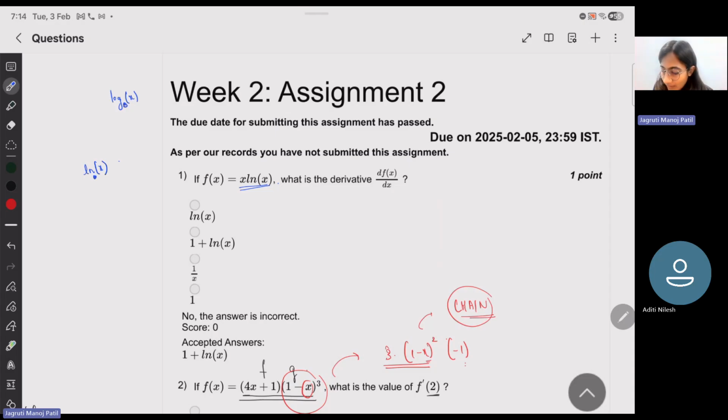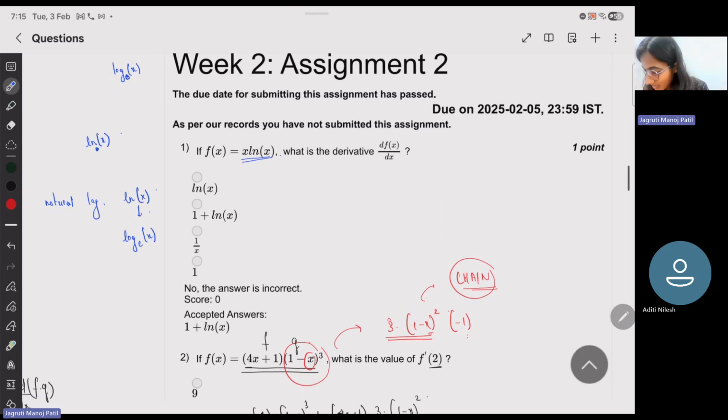When I say natural log, that means ln of x, which means log base e of x. When you have just log, that is nothing but log base 10 of x. So that's the difference between both of them.